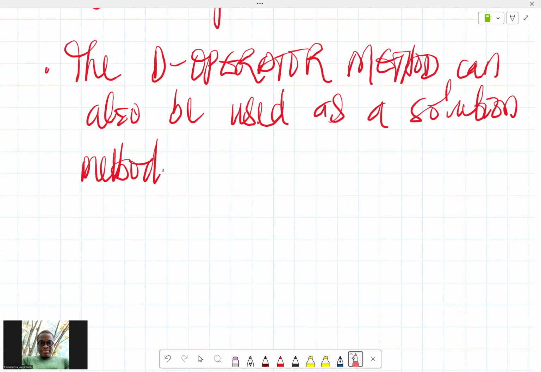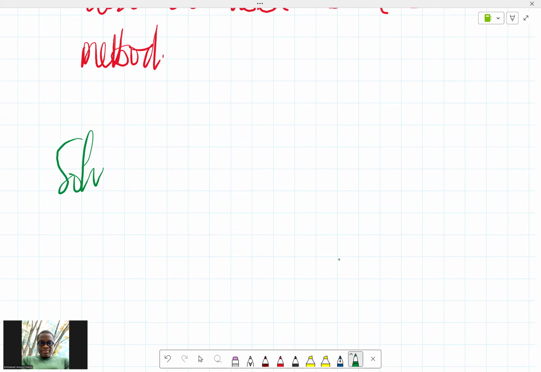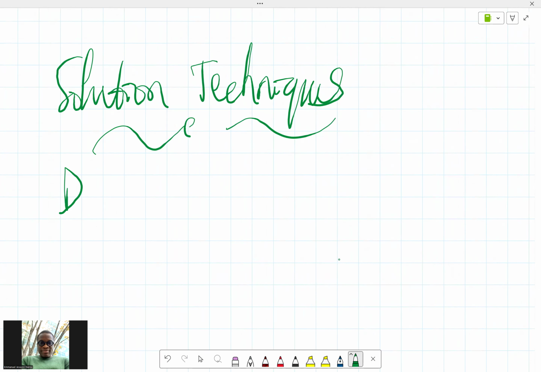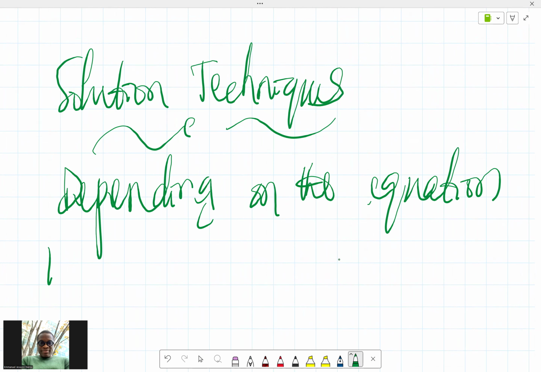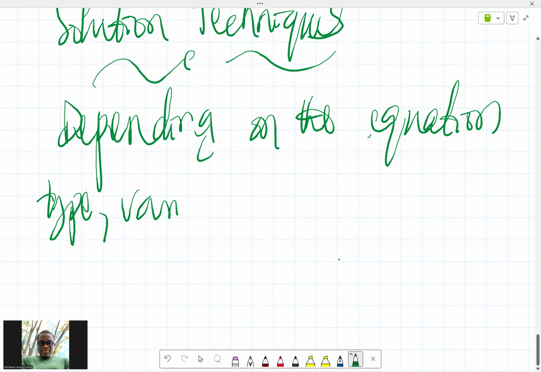Solution techniques. Depending on the equation type, various methods are used.